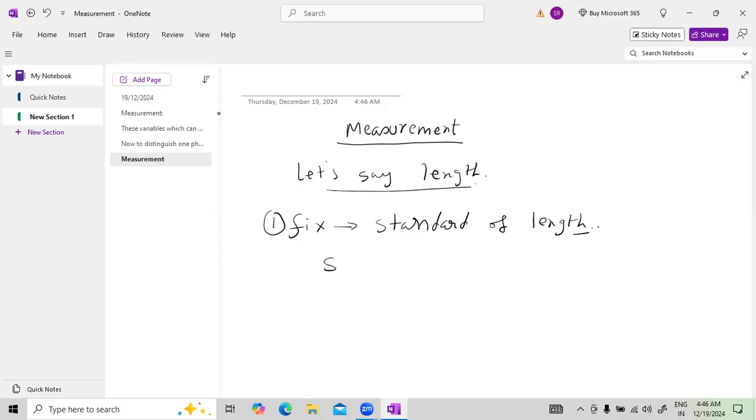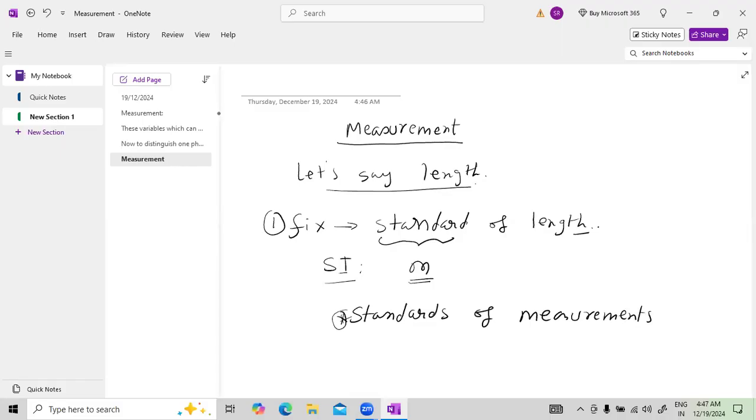Like in SI unit, it is meter. Meaning we choose some system of units, system of measurements, in which there are some standards of measurements. Some standards of measurements.